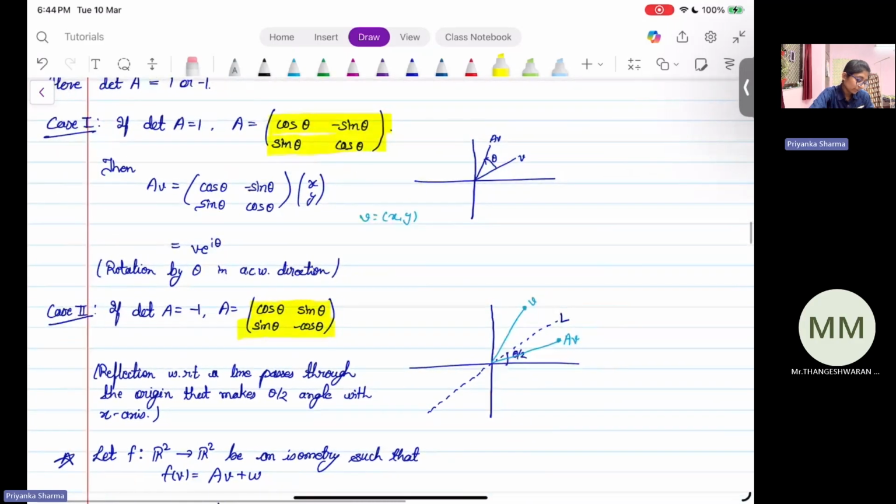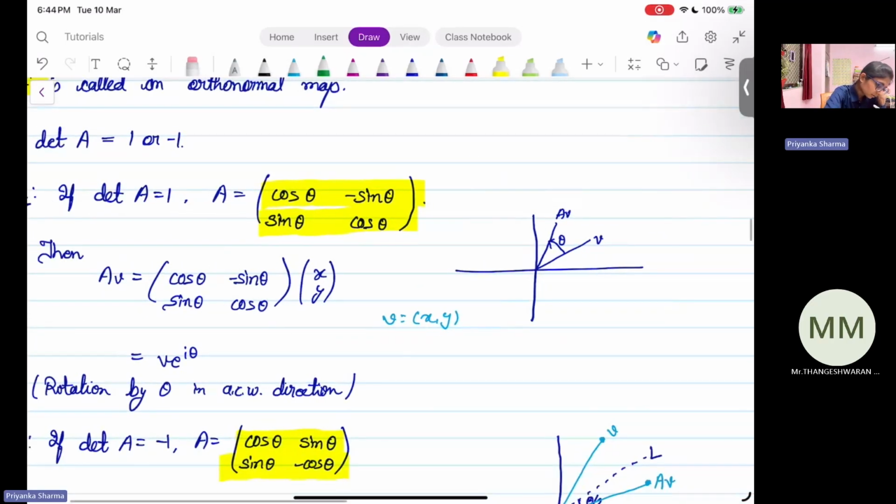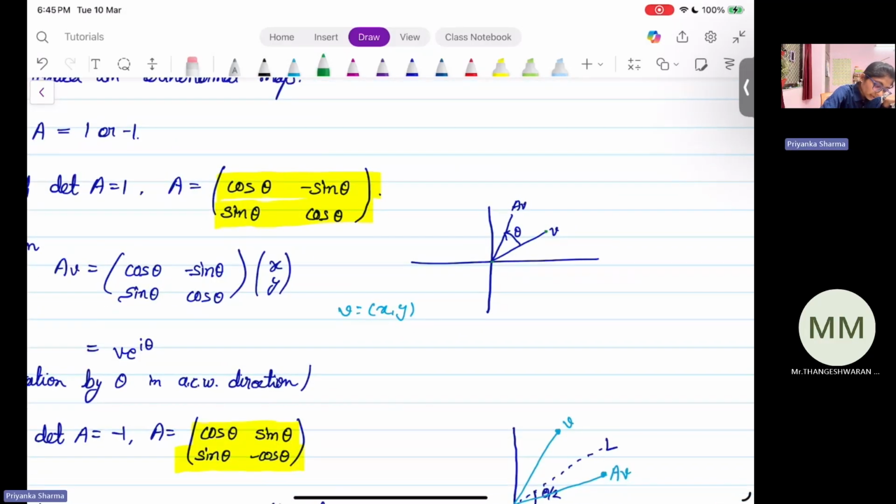And one more thing, in both cases the isometry fixes the origin. That is, if we rotate this point v by an angle theta, we will get Av, this point. But if we consider the origin as the point, then the rotation will be the same. If we rotate it by some angle theta, we will get the origin again.